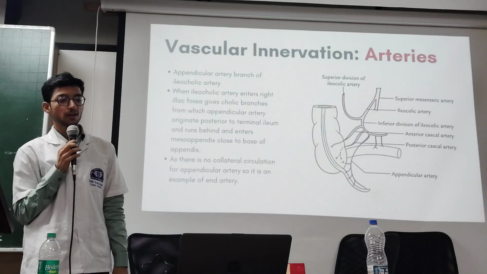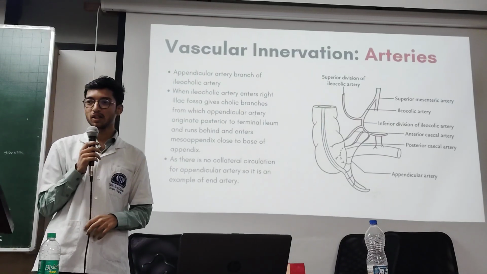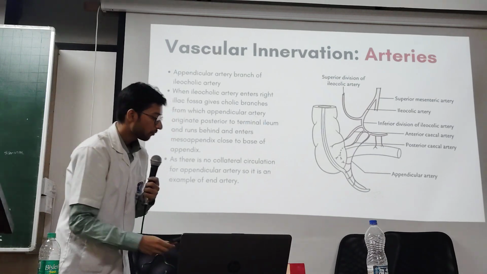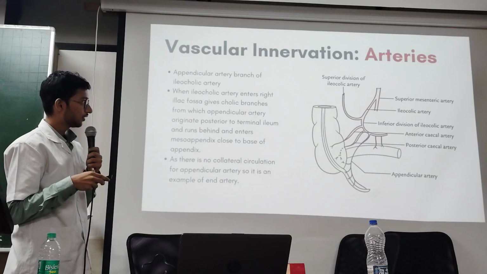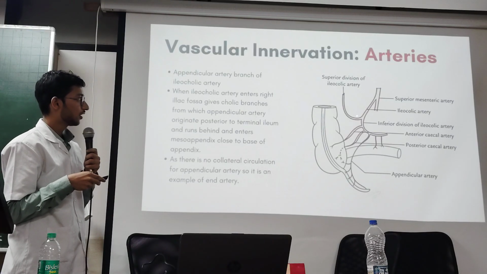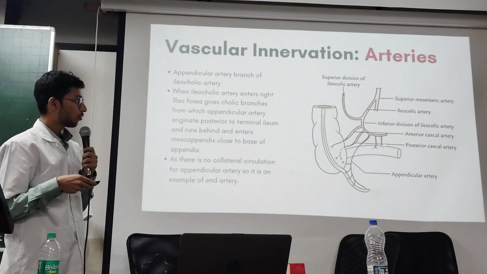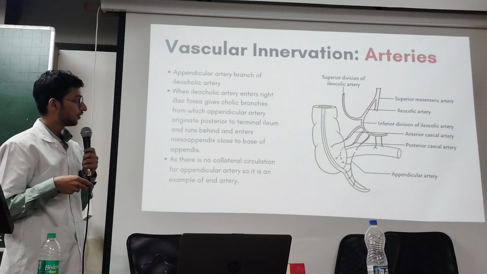First of all, we are seeing the arterial supply. The main arterial supply of the appendix is the appendicular artery, which is a branch of the ileocolic artery. As shown in the diagram, the superior mesenteric artery gives a branch, the ileocolic artery, which enters the right iliac fossa and gives colic branches, from which the appendicular artery originates, enters the mesoappendix and supplies the base of the appendix.